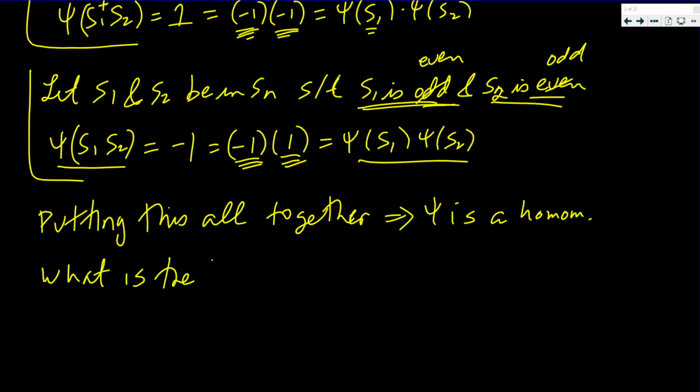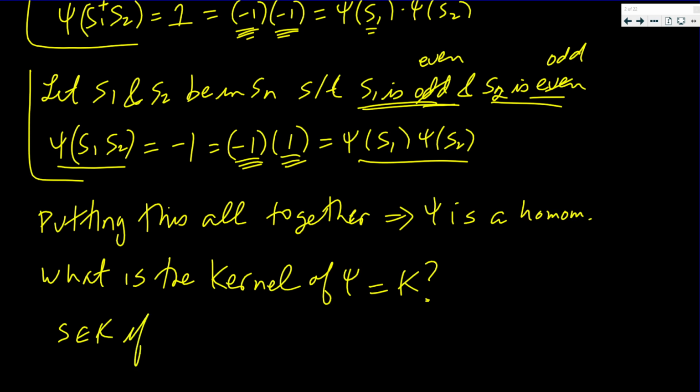Well, what's the kernel of phi? Let's call that K for kernel. S is in K if and only if phi of S is the identity in W, which is 1. But the only way you get 1 is, by definition, if S is even.